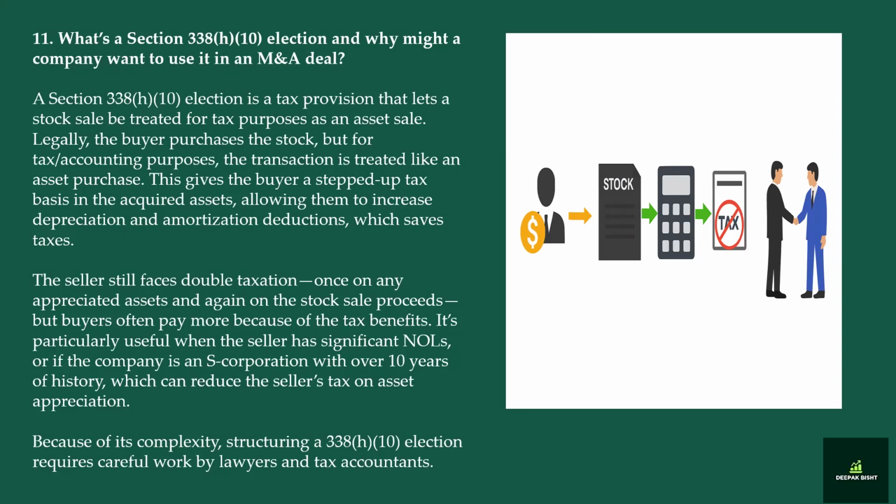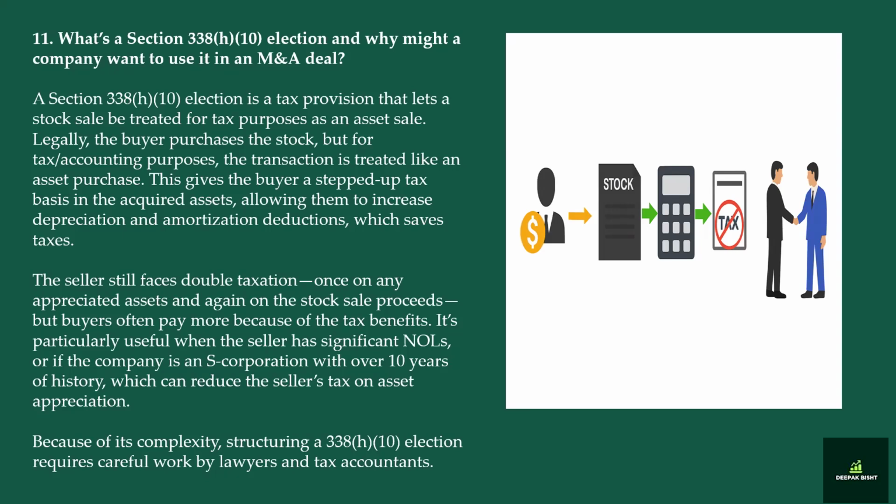So, a one-line definition of this concept is that a Section 338(h)(10) election lets the parties treat a stock sale as a deemed asset sale for U.S. federal tax purposes. Legally, the buyer acquires stock, but for tax purposes the parties elect to treat the transaction as if the target sold its assets at fair value and then distributed the proceeds to its shareholders.